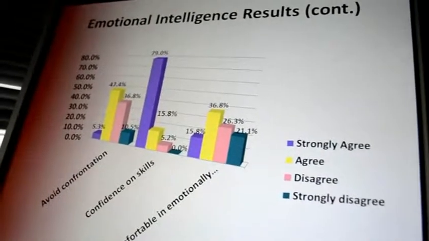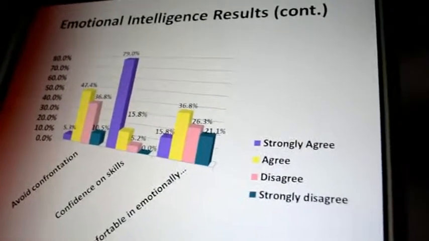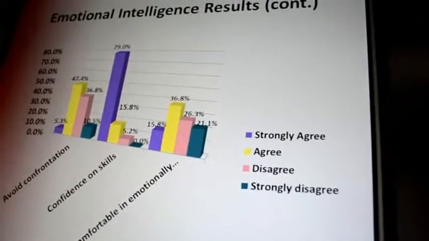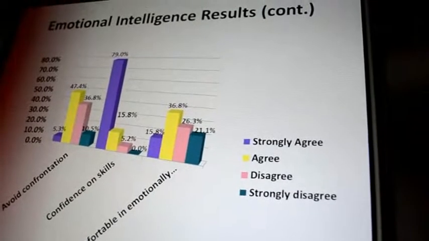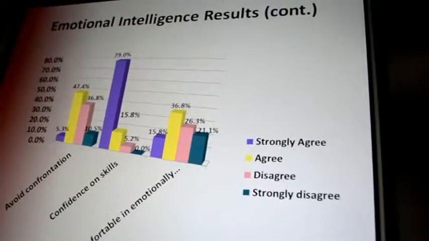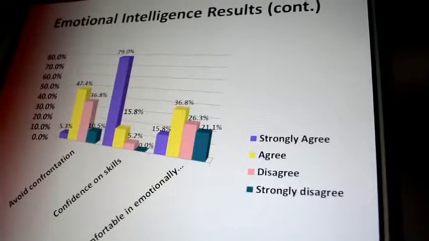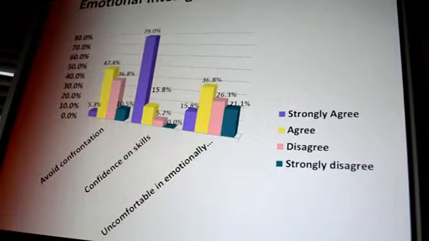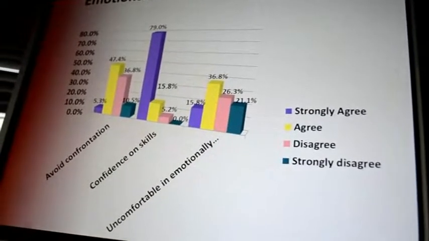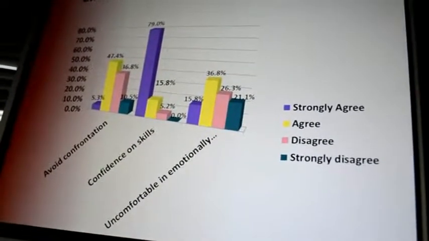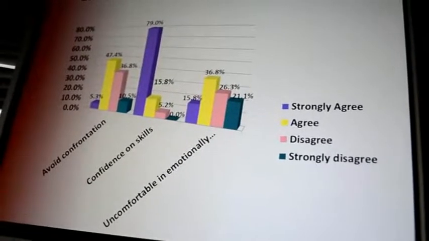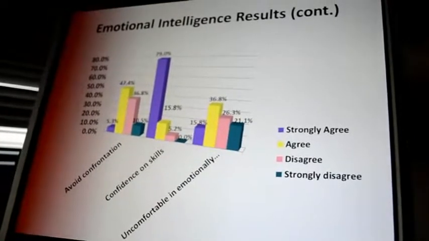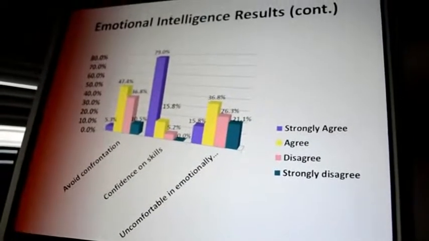For confidence about skills, talent, and abilities, 79% of the participants were strongly confident, 15.8% were confident, and only 5.2% disagreed. Regarding the question on feeling uncomfortable in emotionally charged situations, 15.8% of the participants strongly agreed, 36.8% agreed, whereas 26.3% disagreed, and 21.1% strongly disagreed. The responses of the participants reflected the personal pattern of knowing.